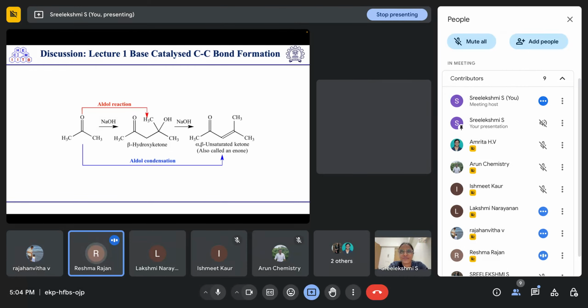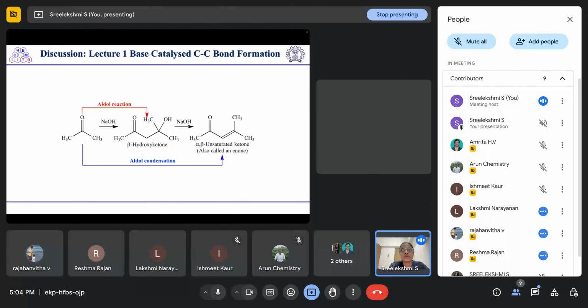But whichever reaction where the base abstracts the acidic proton, is it aldol? Not everything is aldol. If it is attacking a carbonyl group, then it can give an aldol product, and in that case it will be aldol. If it is attacking an alpha-beta unsaturated compound, we call it Michael addition. If it is forming a six-membered ring, we call it Robinson annulation.